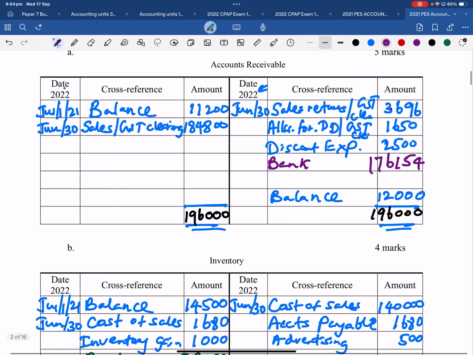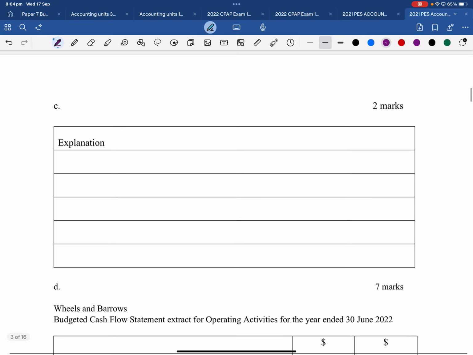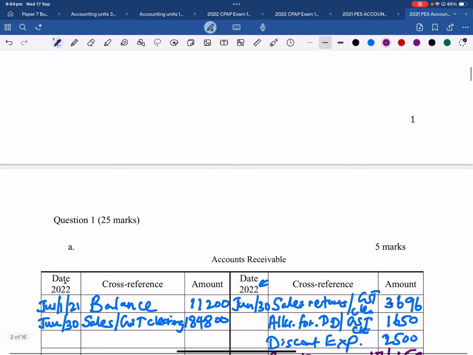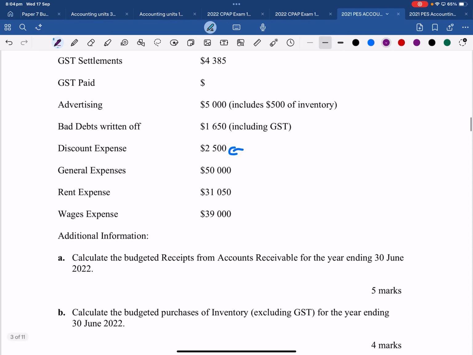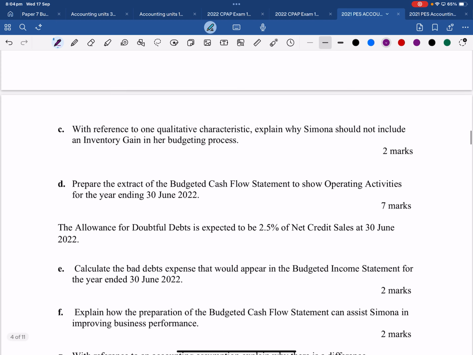Then part C. With reference to one characteristic, explain why Simona should not include an inventory gain in her budgeting process.